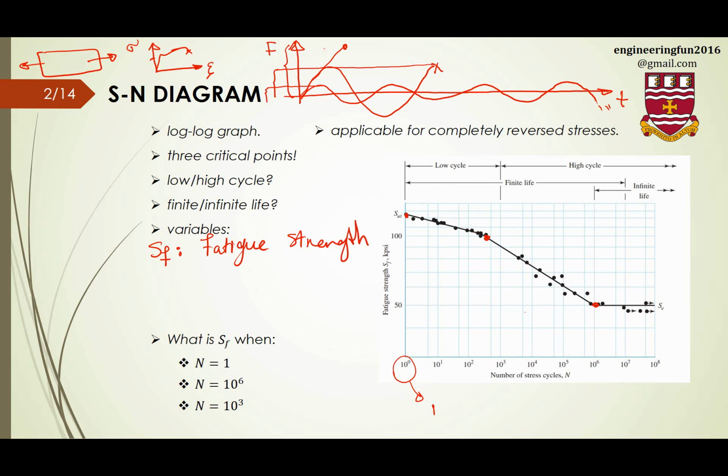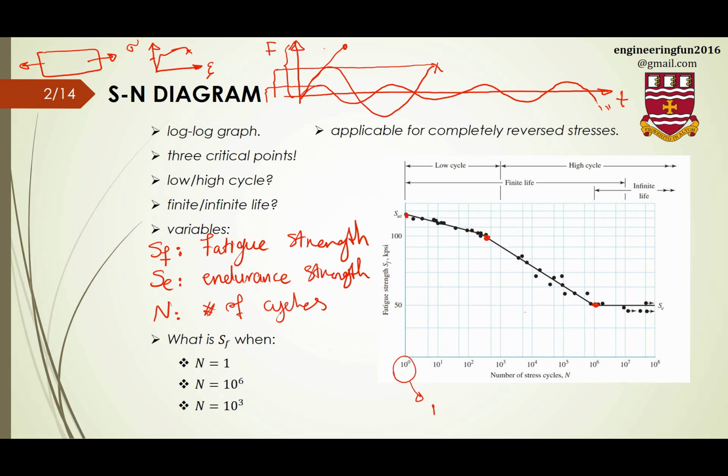The index F in this chapter represents fatigue. The other thing that we're going to see a little bit later is SE, which is endurance strength. And we have N here, and N stands for number of cycles.